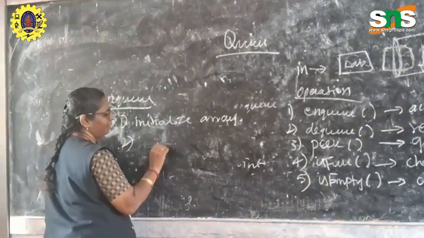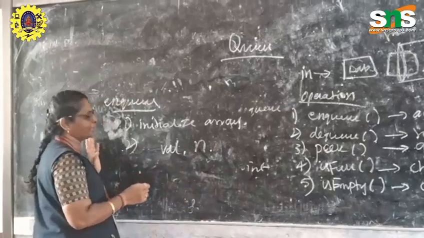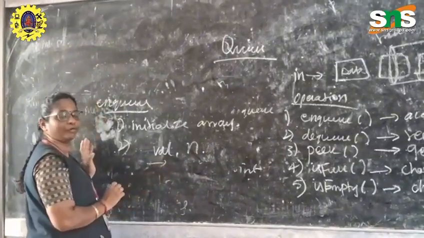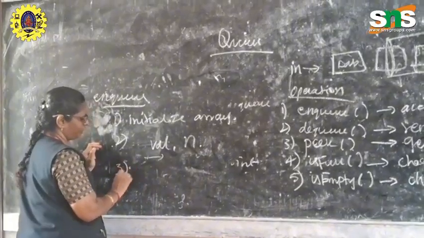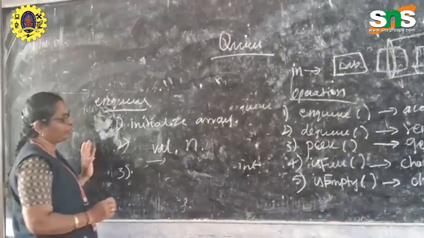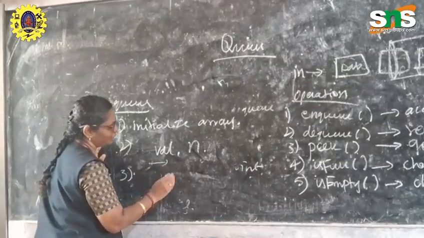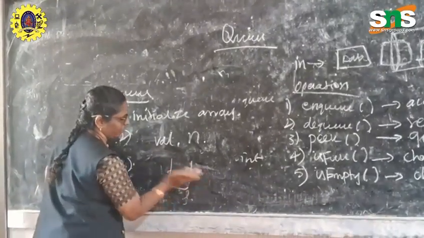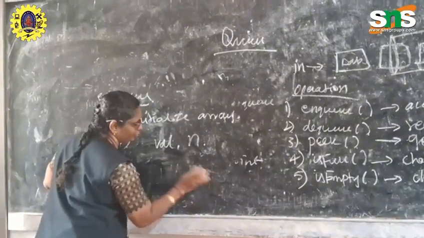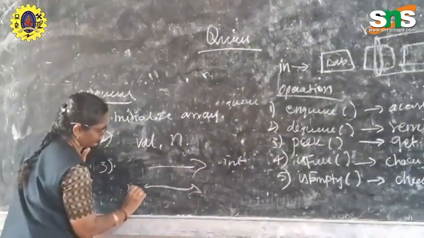They may be value and n, where n is the queue size, and value is the data that we have to insert in a queue. So it's the first in first out concept. Here the values will be added in a queue. Likewise, it has 2 ends, rear and front.